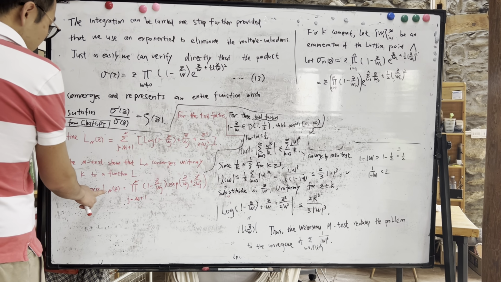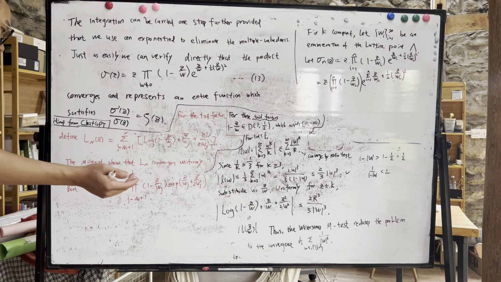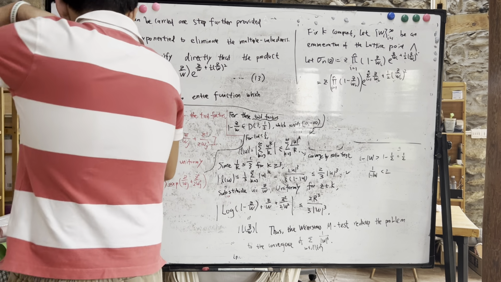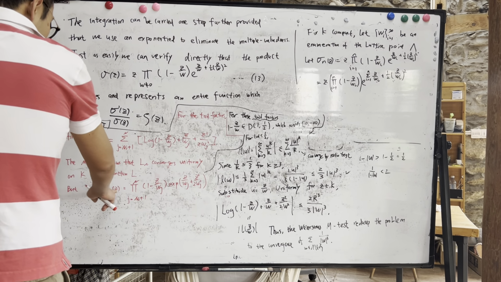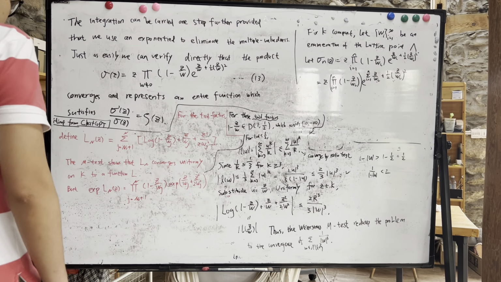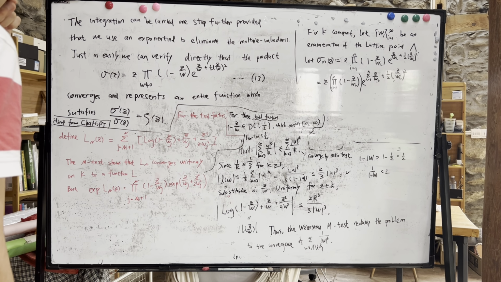So when we take the exponentials, all the 2 pi i terms are cancelled out with the exponentials, right? So why is this true?